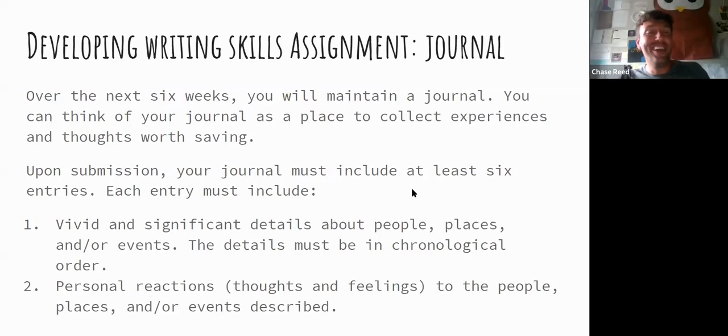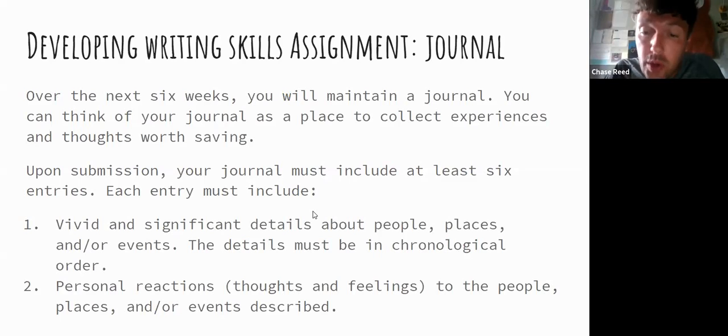Okay. So you can think of your journal as a place to collect your experiences and thoughts worth saving. Upon submission, your journal must include at least 6 entries. Each entry has to include those 2 things that we talked about. For every entry, you have to include vivid and significant details about the people, places, and or events. And the details need to be in chronological order.